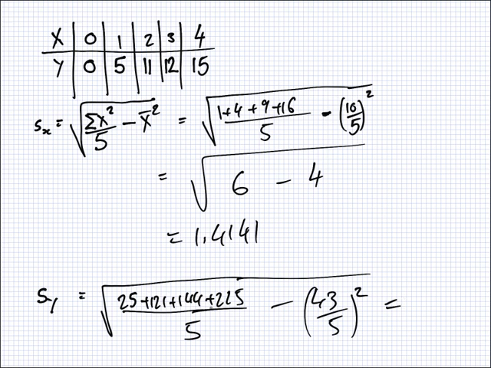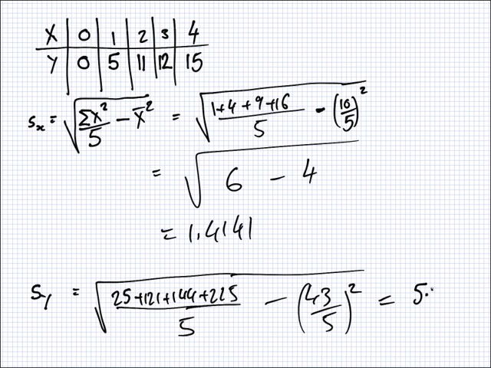Root 103. The average of y is 5, 11, 12, 15 over 5. 73.96 is the average. So what's the final answer after the root? 5.388.